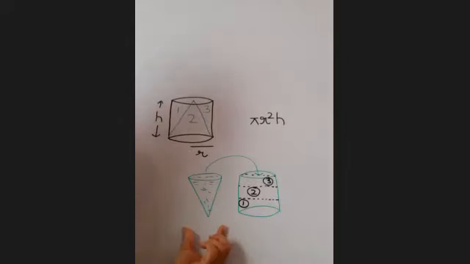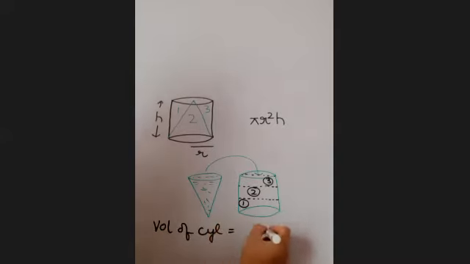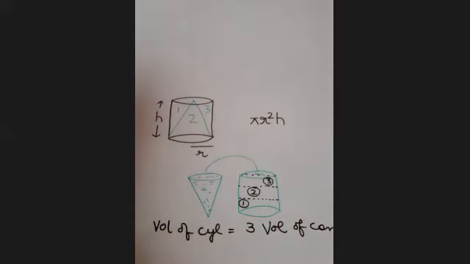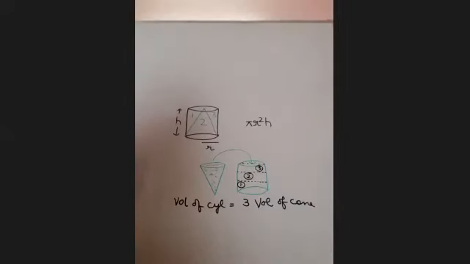What is the relation between their volumes? The volume of the cylinder is how many times the volume of the cone? 3 times. 3 complete cones were required to fill the cylinder.